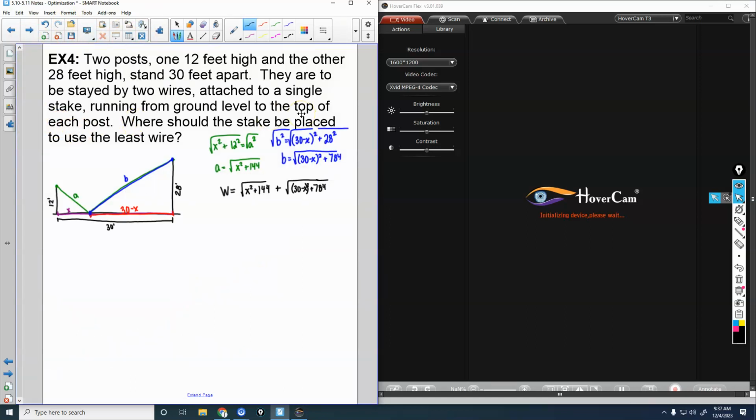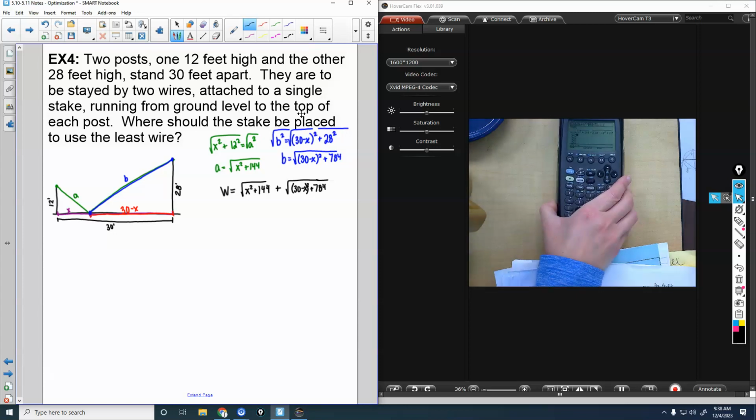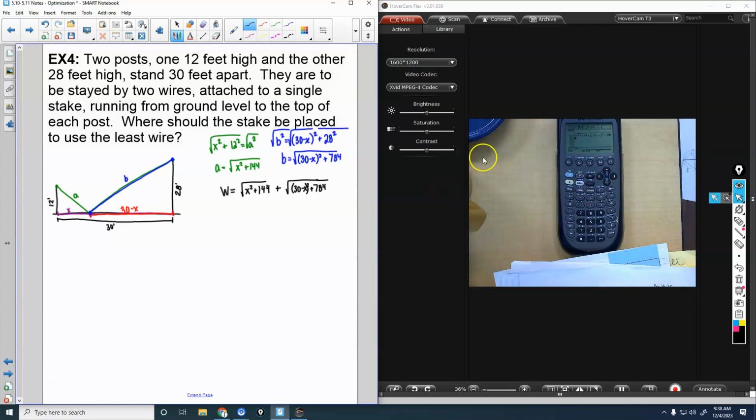Okay. So type that equation into your y1. So you're going to have square root. Zoom way in on that.